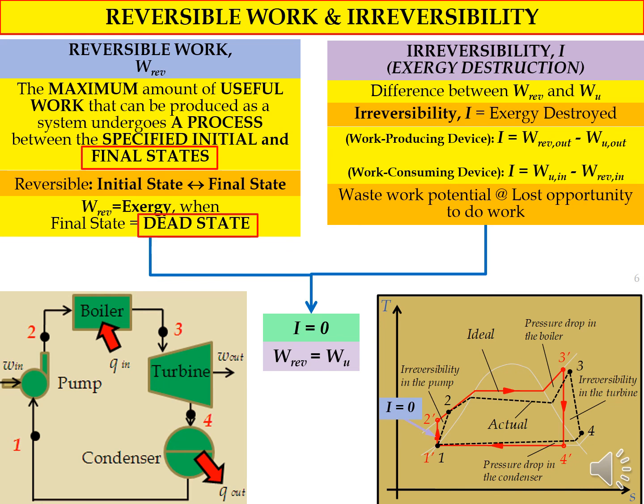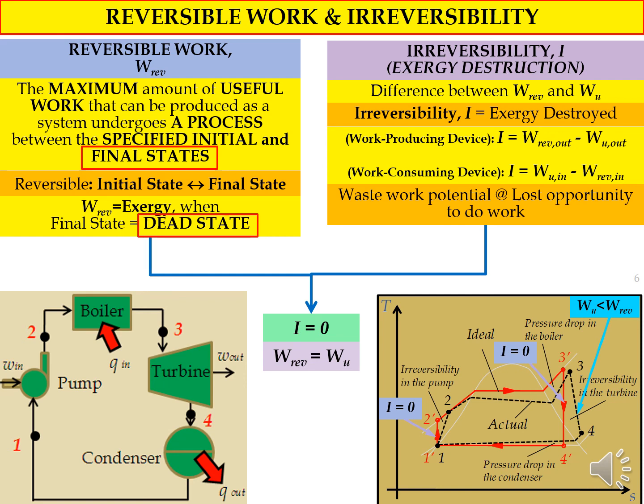Here in the process 1 prime to 2 prime, the irreversibility is equal to 0. The same goes for 3 prime to 4 prime, where the irreversibility is also equal to 0. This is the ideal case system. However, in the actual system, we have losses, which is the irreversibility in the turbine. So the useful work is less than the reversible work.